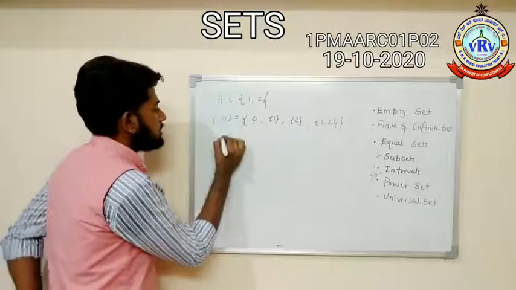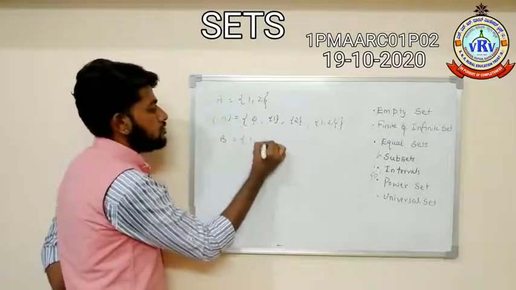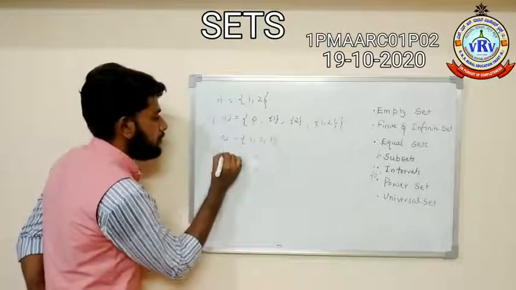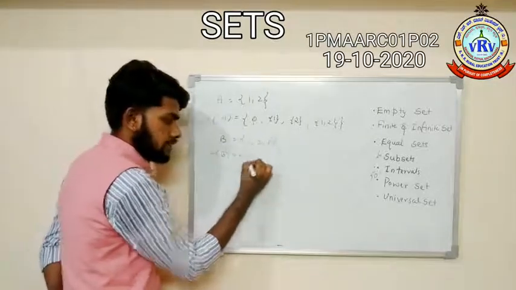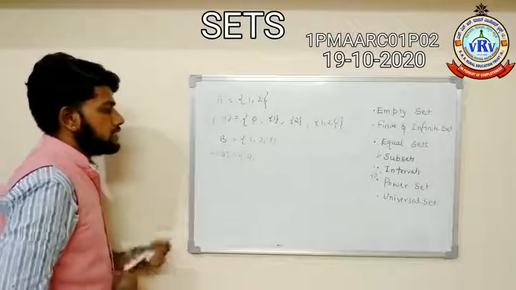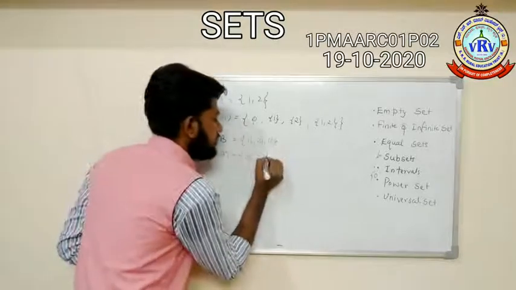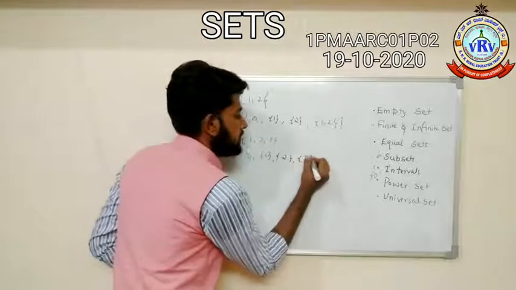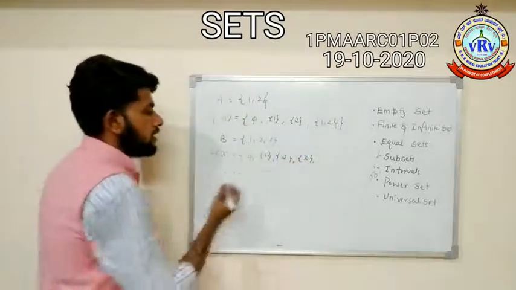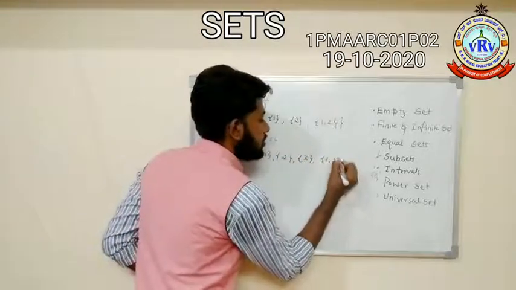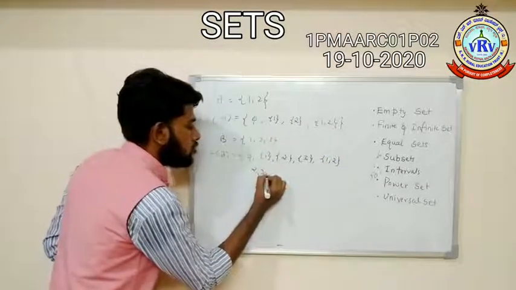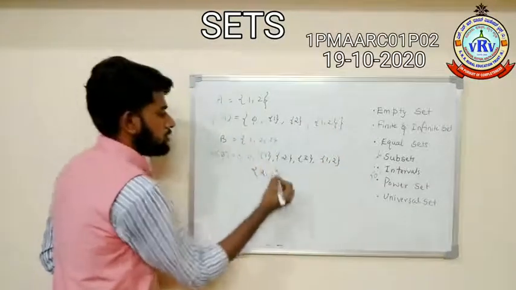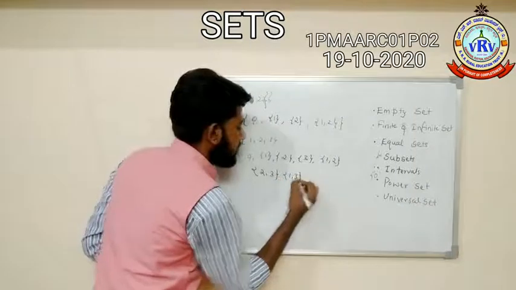And if I consider the set B = {1, 2, 3}, then P of B is equal to, first, the null set; second, the singletons {1}, {2}, {3}. Next, consider {1, 2}, this is also a subset, {2, 3} is also a subset, {1, 3}.